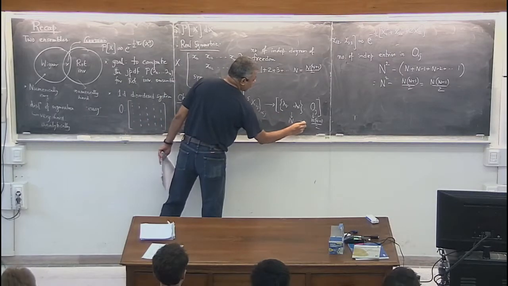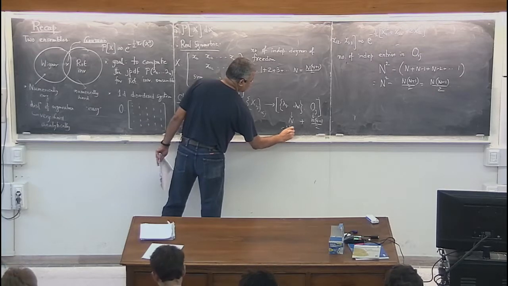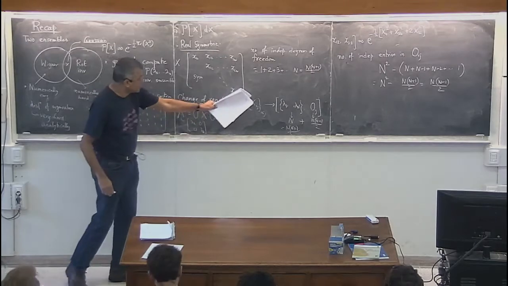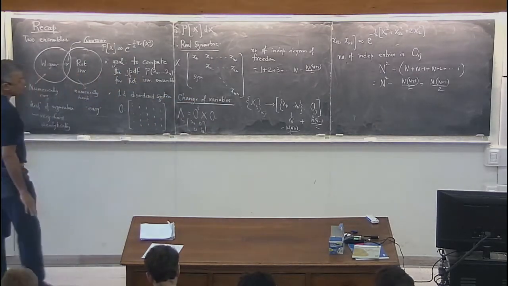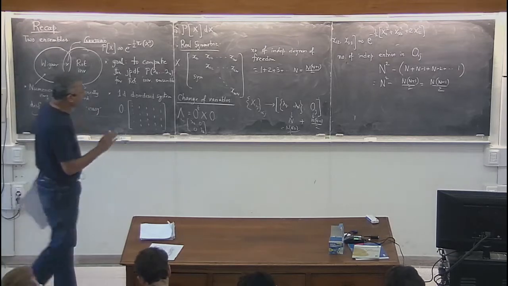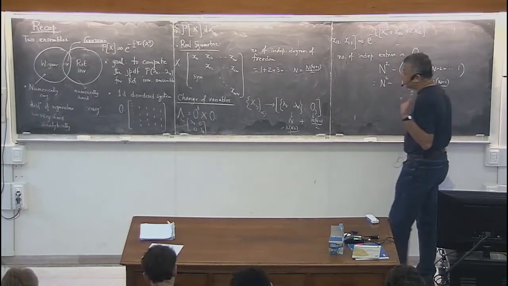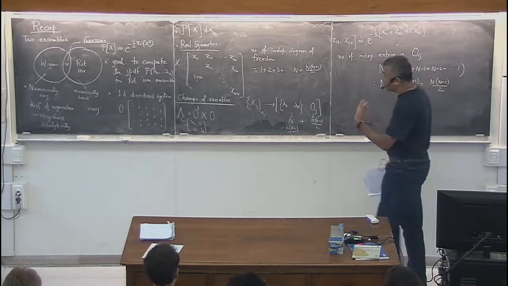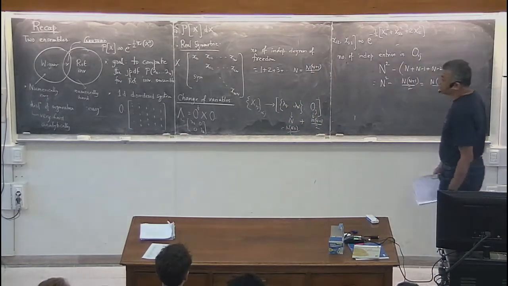If I add these two up, the total is exactly n into n plus 1 over 2, which is what I need, because I have n into n plus 1 over 2 in the original matrix. So this is a good set of change of variables. At least it has the right number. And so the idea is to make this change of variable from the entries into the eigenvalues and the eigenvector degrees of freedom.